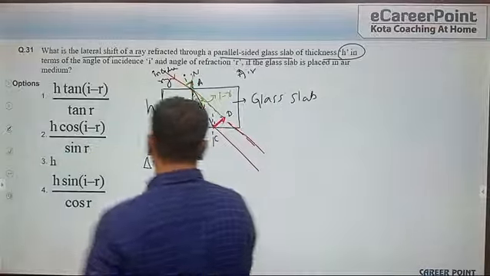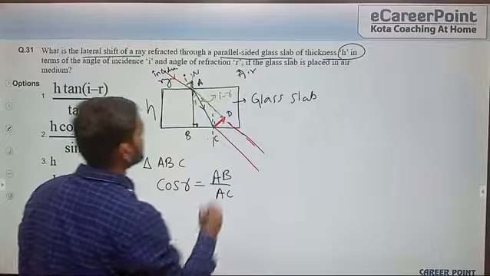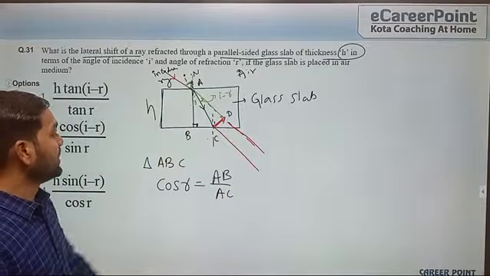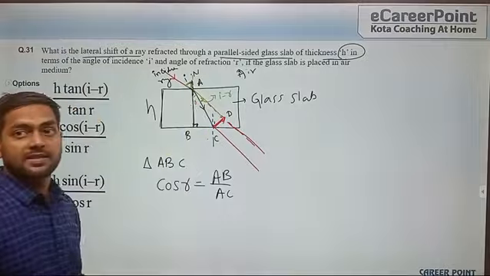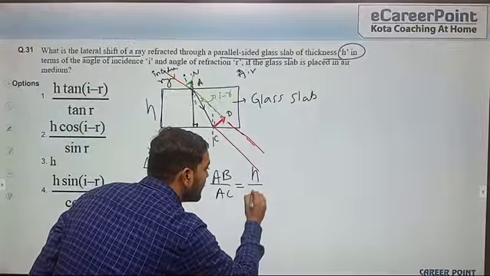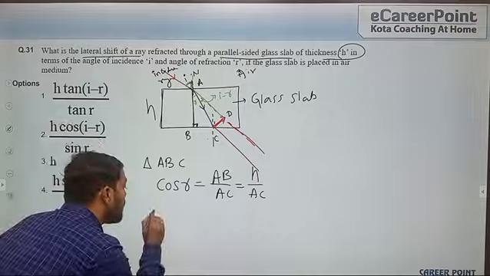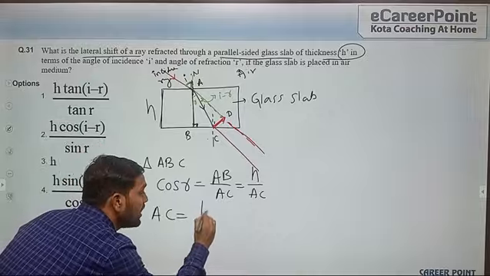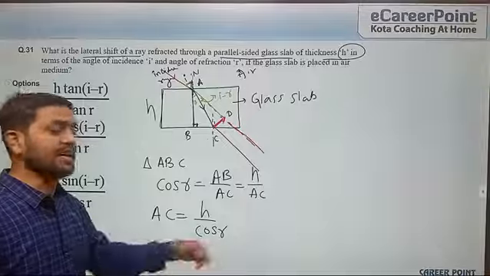Here we have AB, which is the thickness of the glass slab, that is H. So we get H by AC. If I want the value of AC, AC is equal to H by cos r.